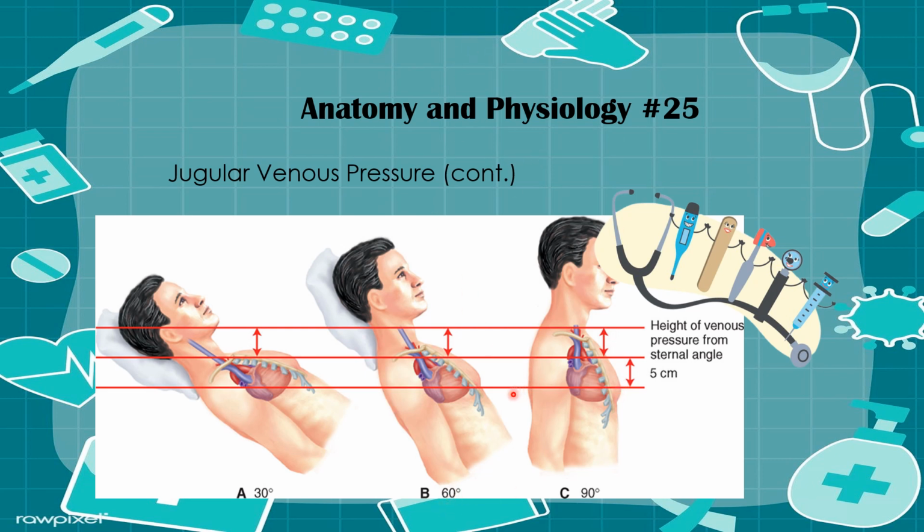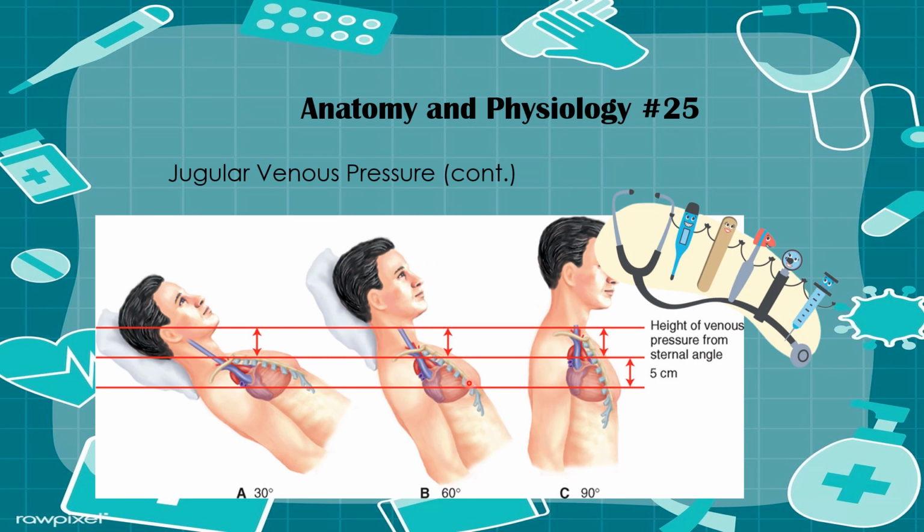You note the height of the venous pressure as measured from the sternal angle. It is actually the same in all positions, but our ability to measure the height of the column of the venous pressure, or the JVP, differs according to how we position the patient.